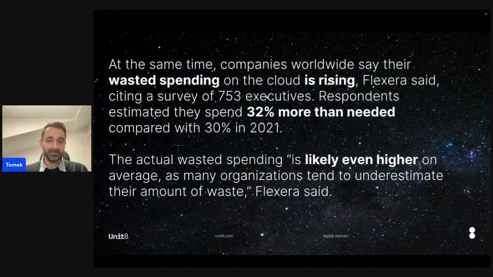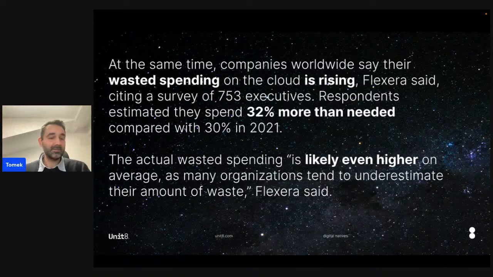At the same time, different reports say that cloud waste is growing, and various reports estimate that something around 32% of the resources and money that's going into cloud is actually wasted, and it's an increase compared to last year.